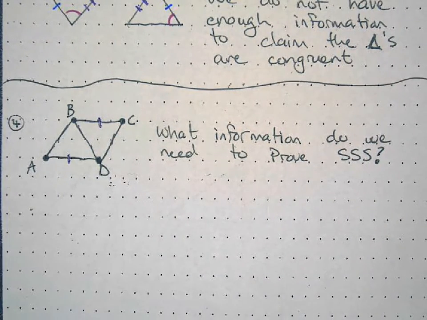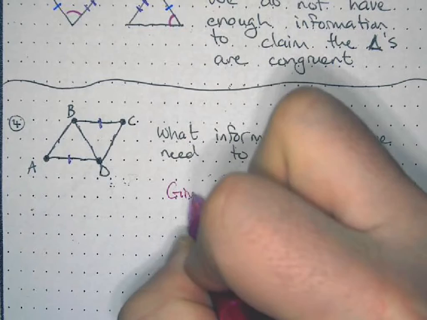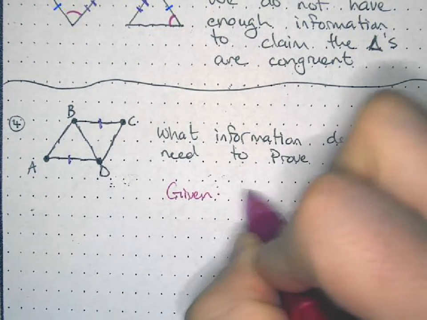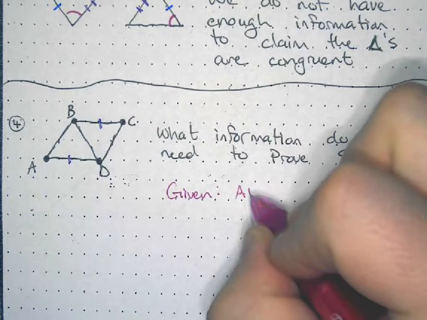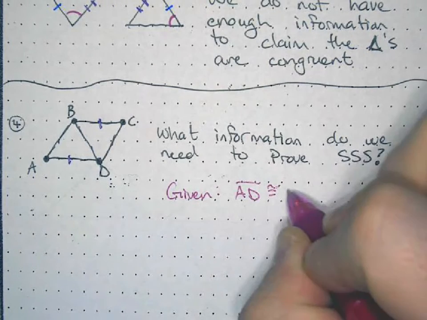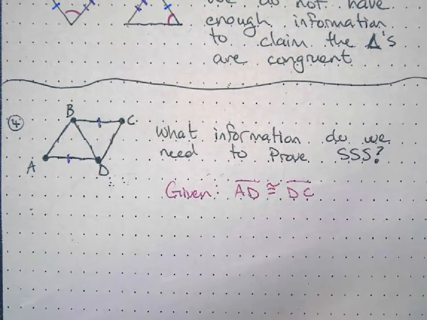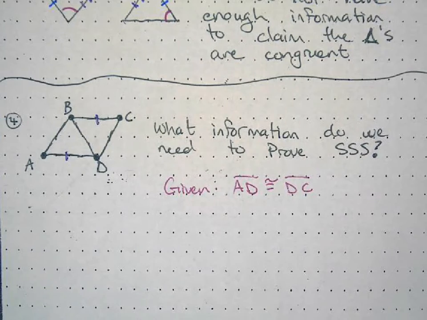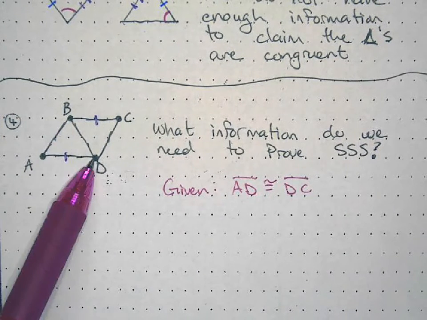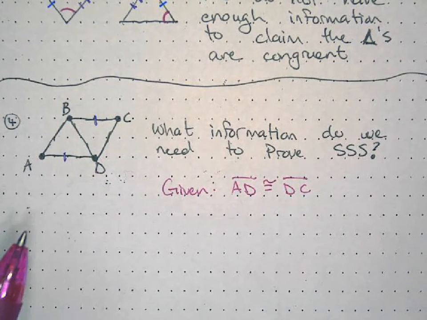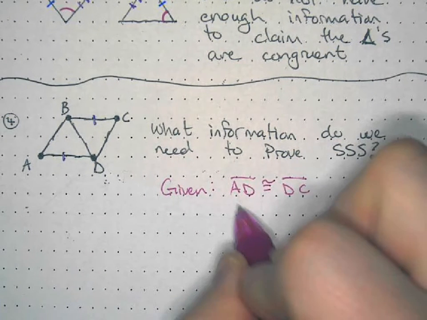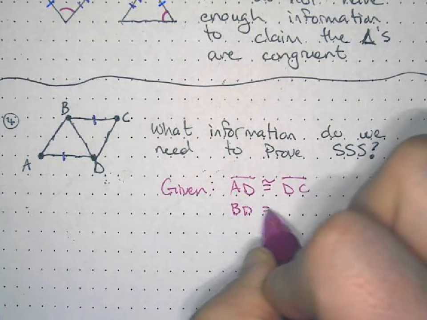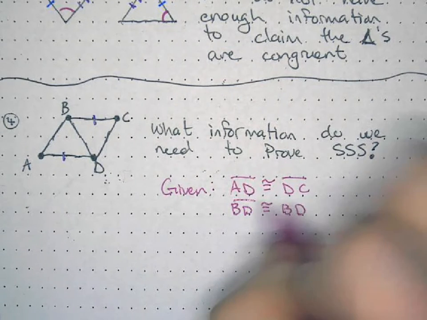So we'll say given AD is congruent to CB. And what's also given is the fact that BD is congruent to BD. That is a given statement. That is not something we need to be handed to us. It's just implied because it is the same. So it's also given that BD is congruent to BD.